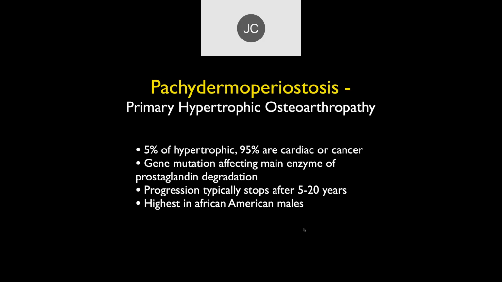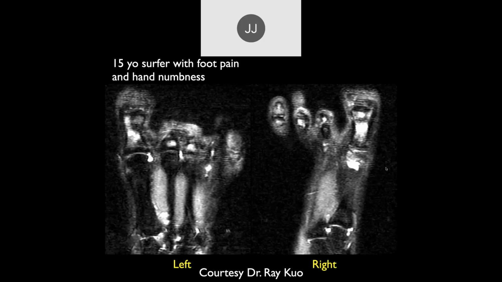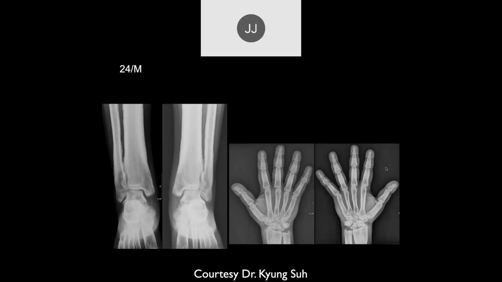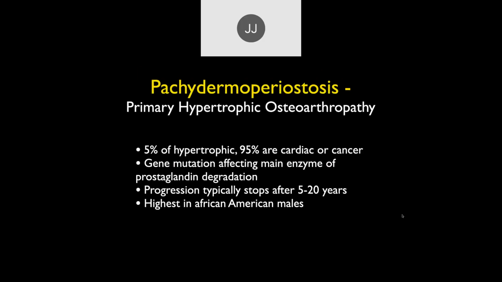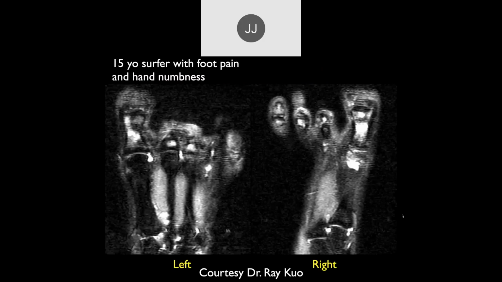It's often seen in primary hypertrophic osteoarthropathy, highly associated with cardiac disease or cancer and lung disease. But there is a congenital form due to a gene mutation. Usually the distal phalanges, distal phalangeal joints are thickened. Okay, good.